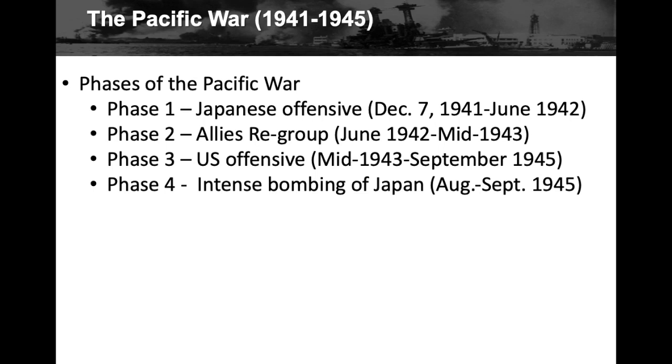But then from mid-1943 to September of 1945 is a main push by the United States across the Pacific, and this is where you start seeing the serious island hopping campaigns across the Pacific, where the United States goes from one island to another, and I'll talk about that in a second. And then you move into Phase 4 with the intense bombing of Japan, a lot of firebombing of the Japanese cities by the U.S., and then obviously that's going to conclude with the bombings of Hiroshima and Nagasaki.